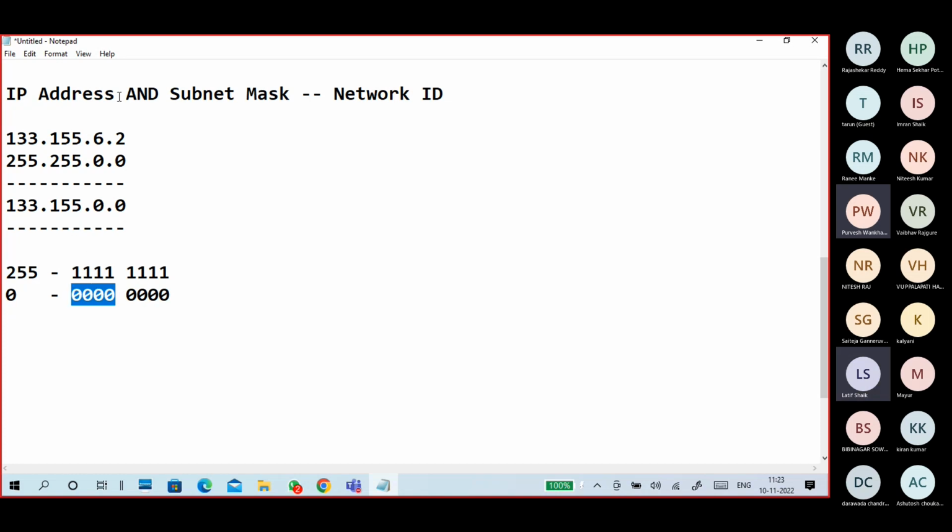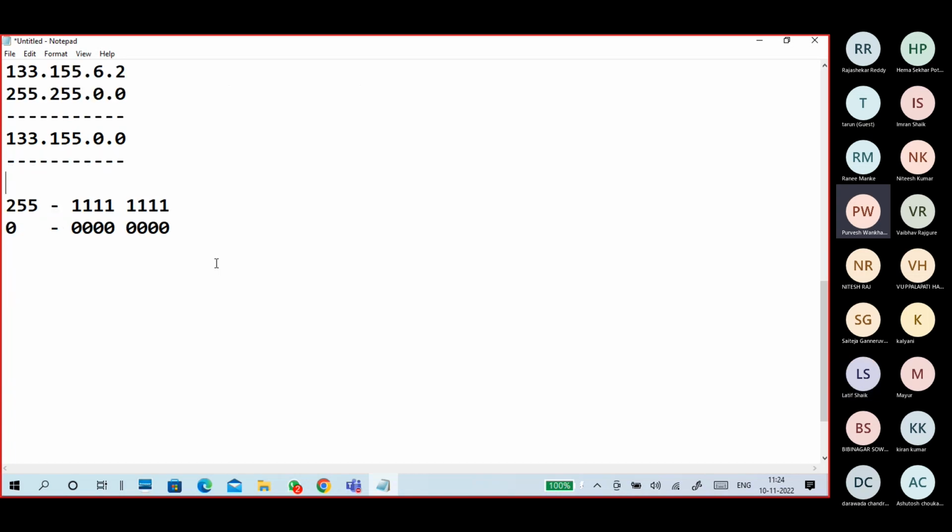Whatever the number is, it's dealing with a zero and the outcome is also zero only, right? 0 into 0 type. 1 into 1 is 1. 0 into 1 is 0. 0 into 0 is 0. So these are all ones. Whatever the number is, if there is a 1, the same 1 will come here. So obviously the same thing.